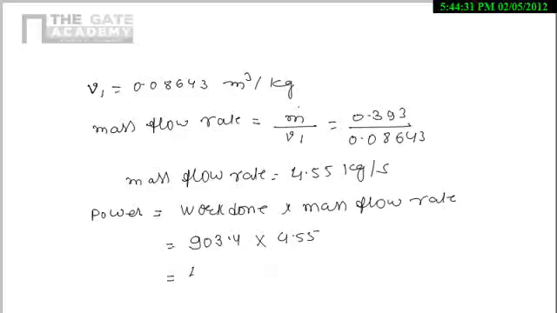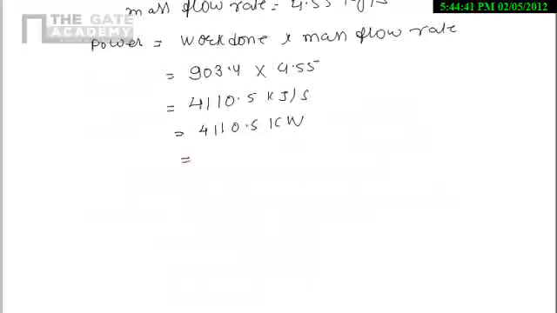So we are having 4110.5 kilojoule per second. It is nothing but 4110.5 kilowatt, and in terms of megawatt we can write 4.1105 megawatt. So the correct answer is 4.1105 megawatt.